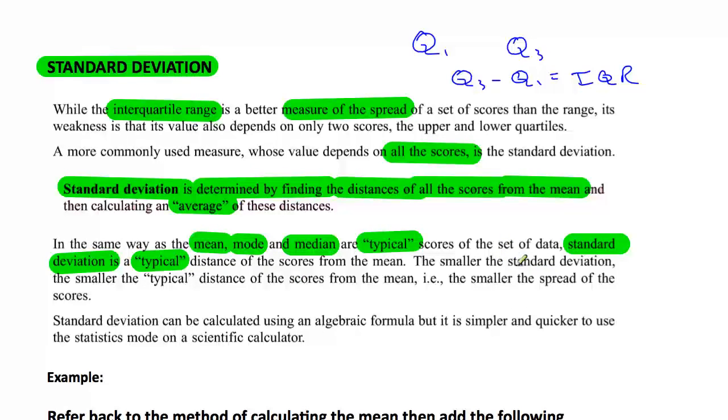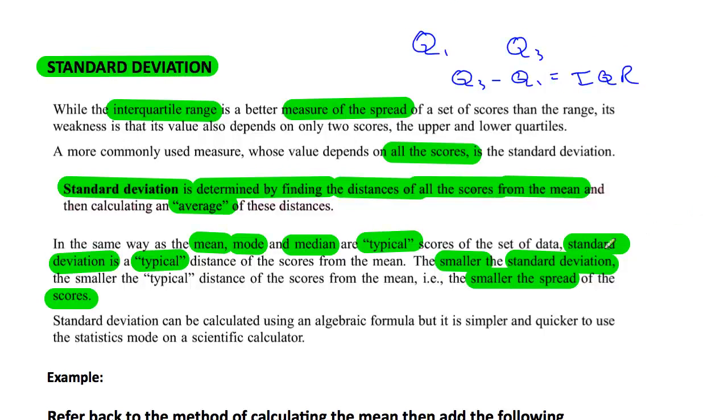If you've got a small standard deviation compared to a large one, then there's a smaller spread of scores. If the standard deviation is small, the numbers must be close to the mean. Whereas if the standard deviation is big, the numbers are more spread out.